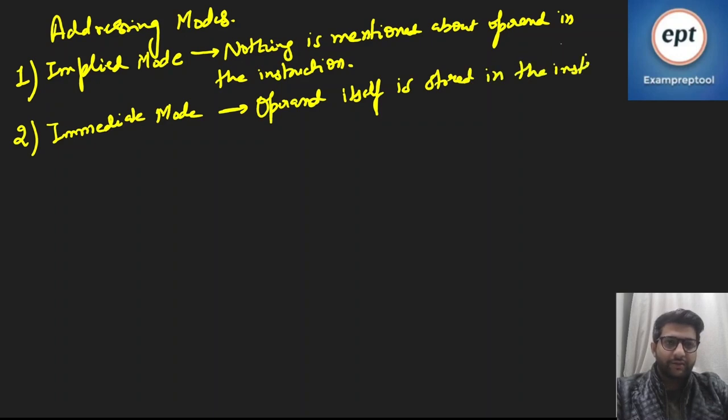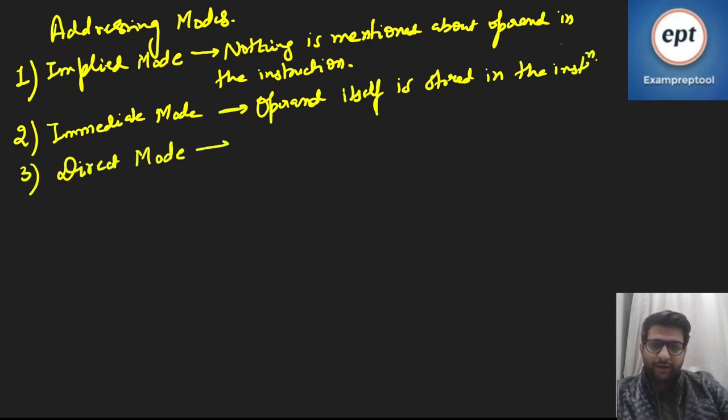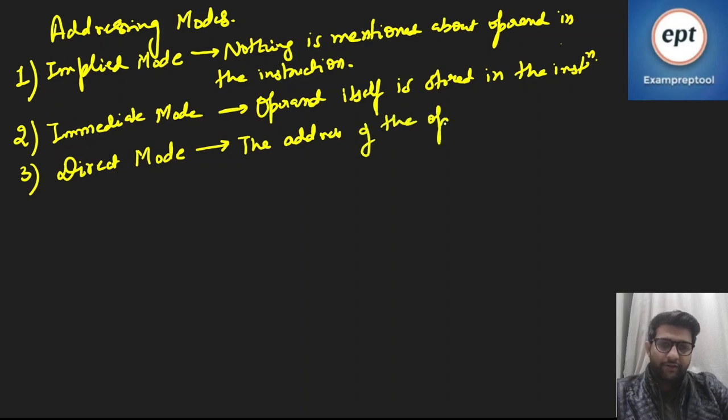The third one is the direct mode. The direct mode says that the address of the operand is stored. What type of address?